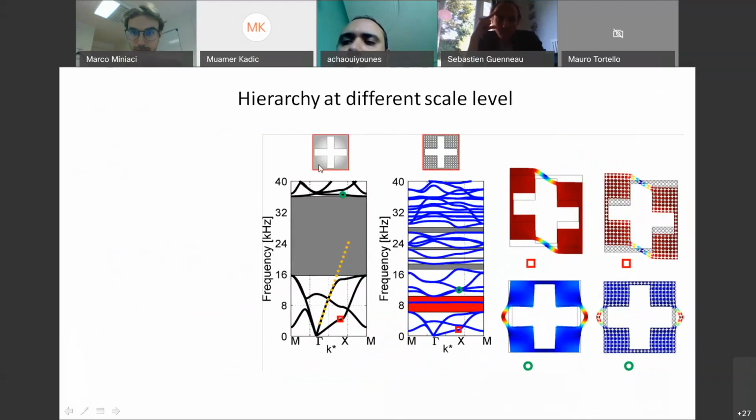Okay, so this one is basically the big cross. This is a comparison with the big cross that has the same size as the hierarchical one, but has no microstructure. Yeah, I understand this one because you soften. Exactly, and all the bands go to lower frequencies. I understand this one. I have another question for this one.